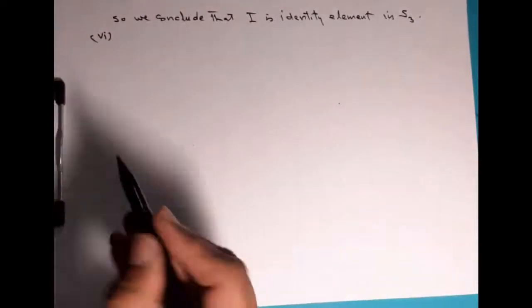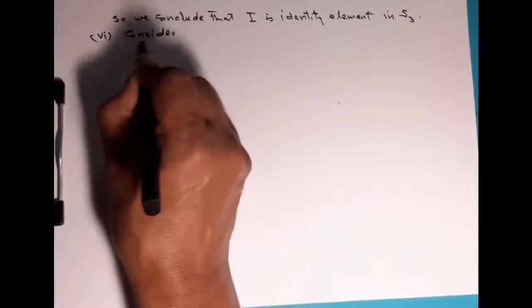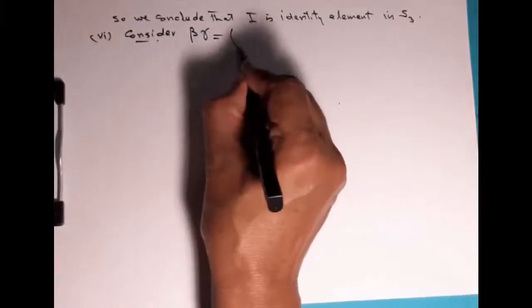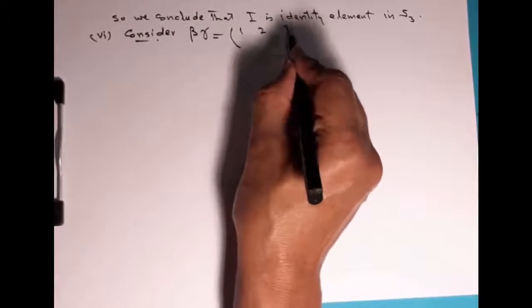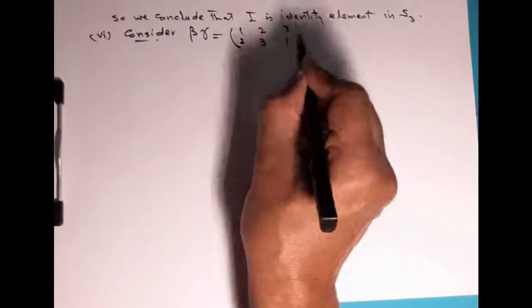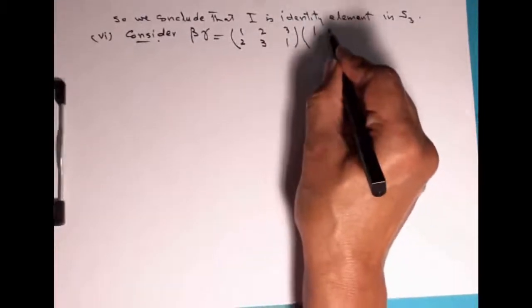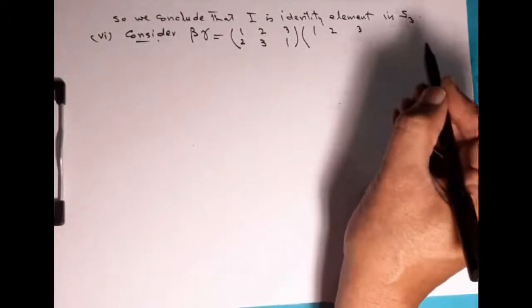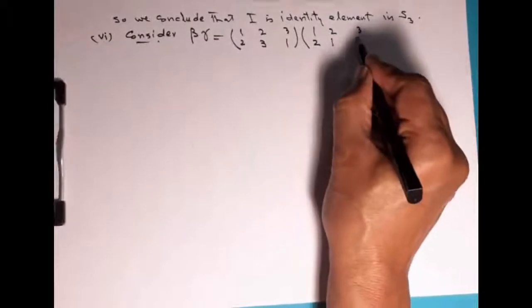So we can compose any two permutations. Let me choose any two permutations. Let's compose beta with gamma. We compose beta with gamma, and beta is 1, 2, 3 over 2, 3, 1, and let's compose it with gamma, which is 1, 2, 3 over 2, 1, 3.